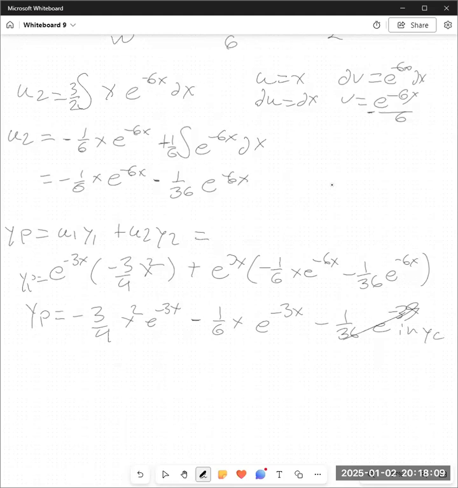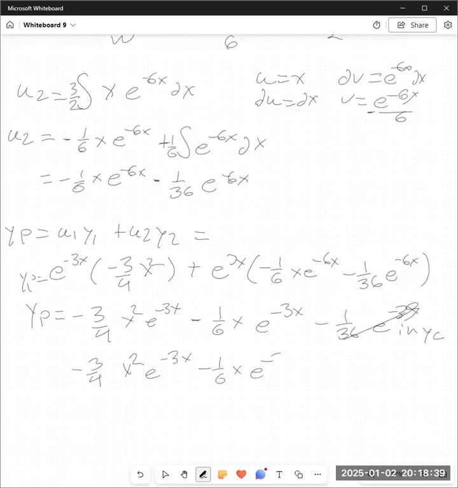So my yp is going to be negative 3/4 x squared e to the negative 3x.